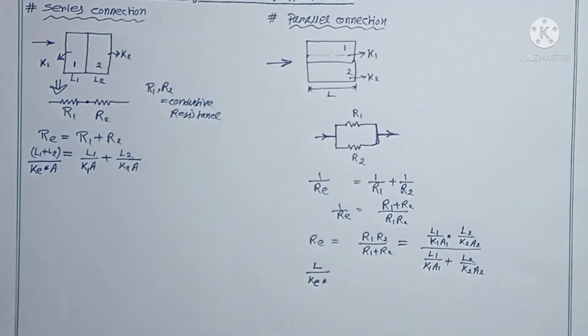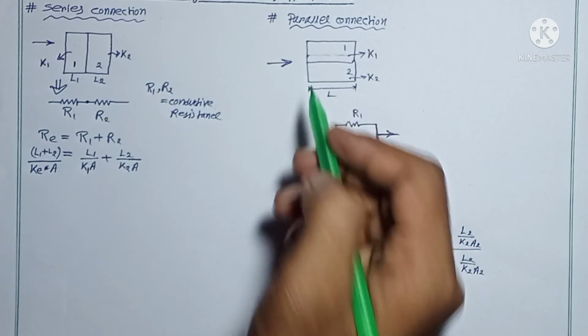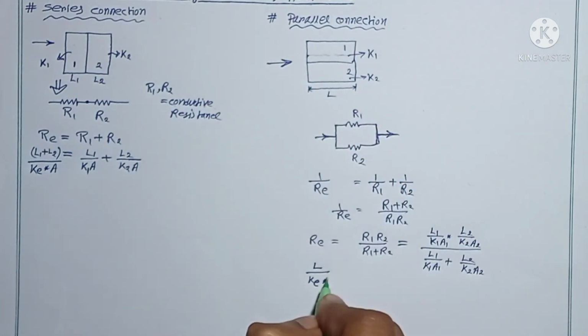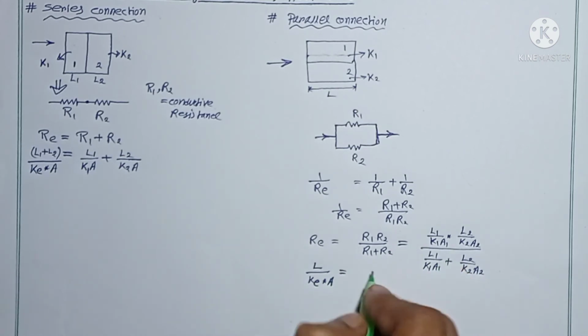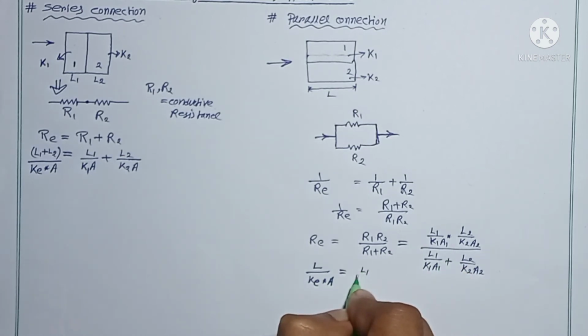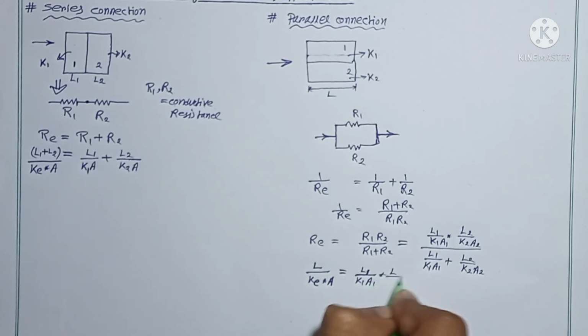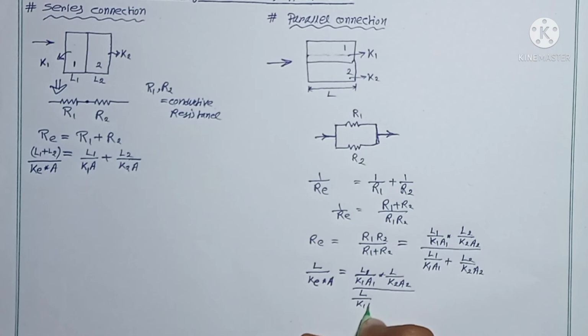Now for this area you have to take the total area from here to here, the total area. So this one equals this one: L by K1 A1 plus L by K2 A2.